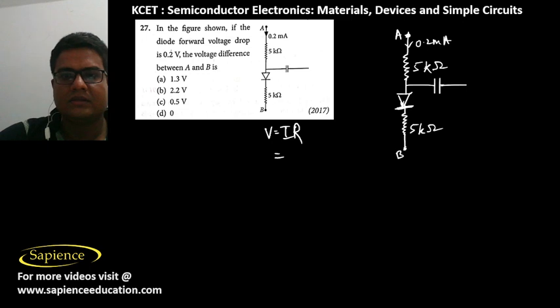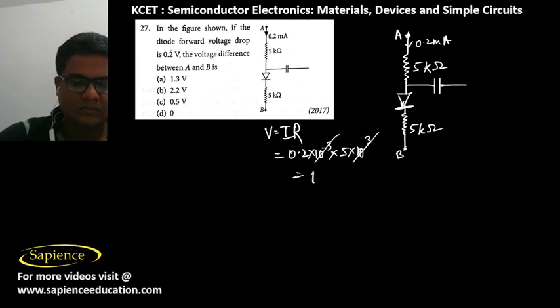The current I is 0.2 milliampere, that means 10 power minus 3, and the resistance is 5 kilo ohm, so 5 into 10 power 3. This is also 5 kilo ohm.